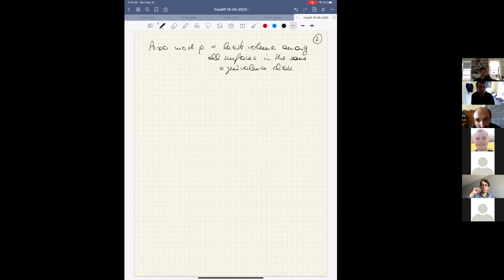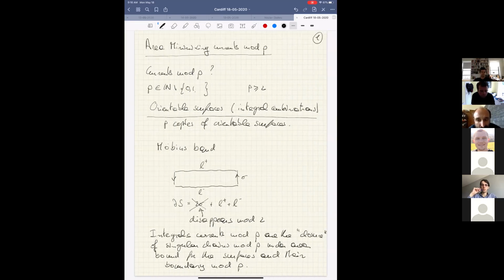Right, so for instance, in the case of the Mobius band, if you are taking mod 2, of course you can just notice that S is equal to 3S mod P. And of course the same is going to be for the boundary, mod 2.